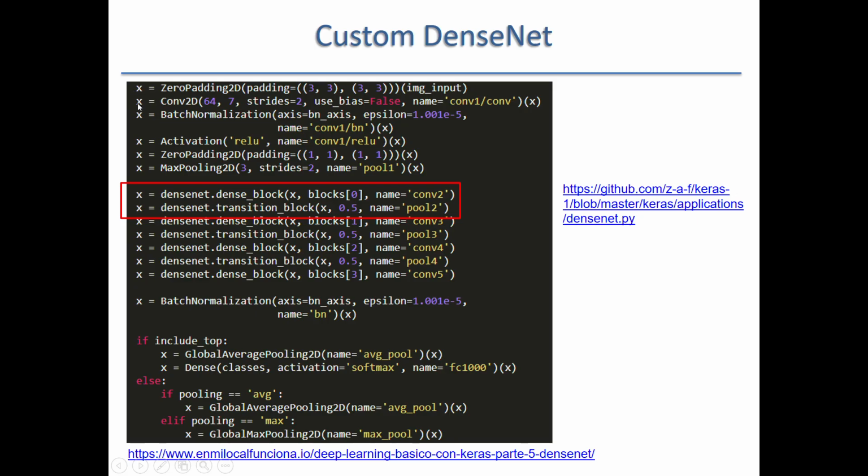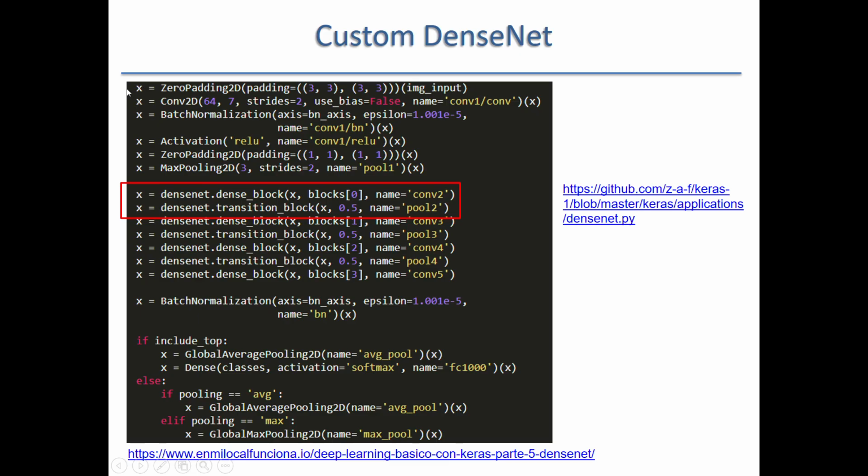And then you do a convolution 2D with this number of channels, and you would have to go into the documentation. This is the number of kernels, size of the kernels, the strides, whether to put a bias or not, and you can put names to the layers, and you apply it to the previous layer.